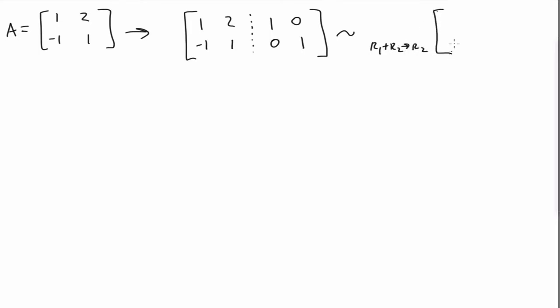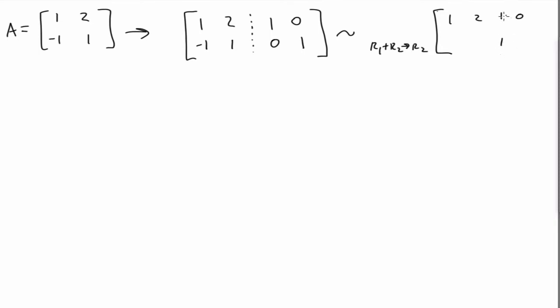We start with the augmented matrix, putting the identity on the other side. The first thing we do is take row 1 plus row 2 and make that the new row 2.